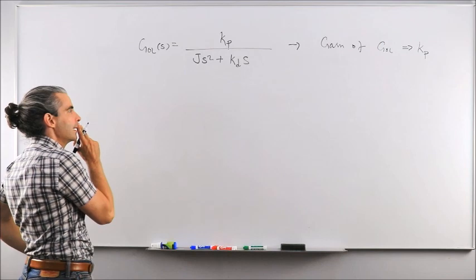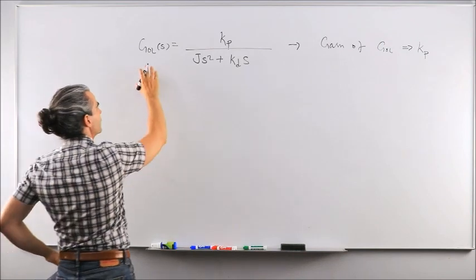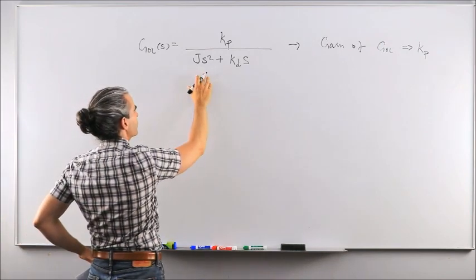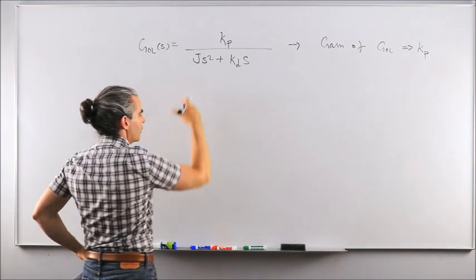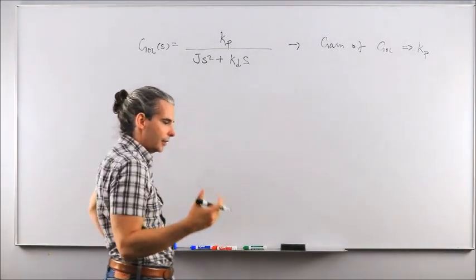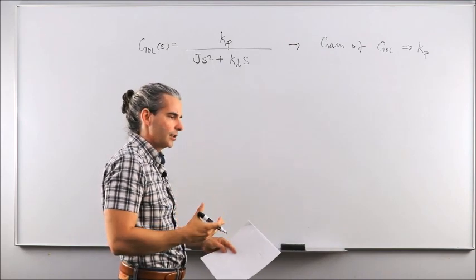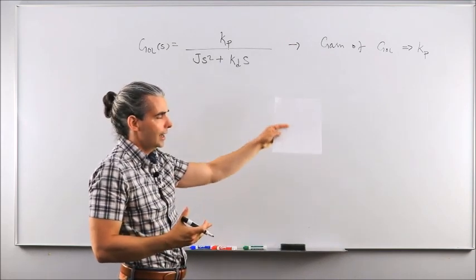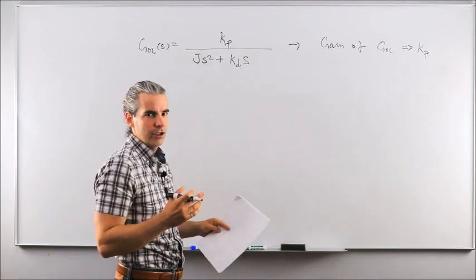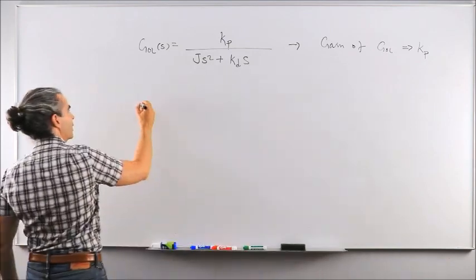But how does that make sense? If we're starting from the open loop transfer function and we are varying the gain from 0 to infinity, how does that relate to the location of the closed loop poles if we're using the open loop gain? I don't see the connection here. Well, let me explain that connection.